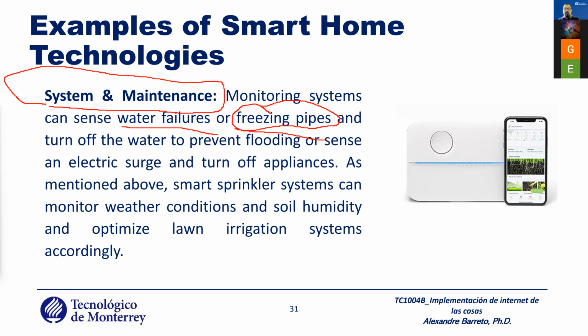Okay, flooding, electrical surges, and other types of problems that you have in the house. You can have a system that measures information from the device, and before it fails, sends a maintenance command. For example, in my house, yes, the air conditioner has these capabilities.